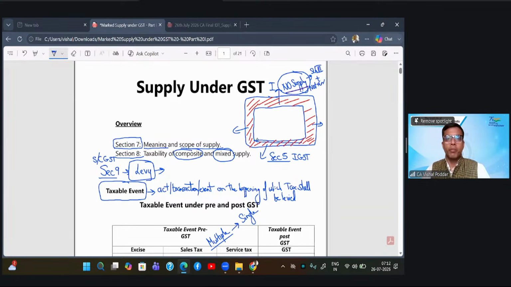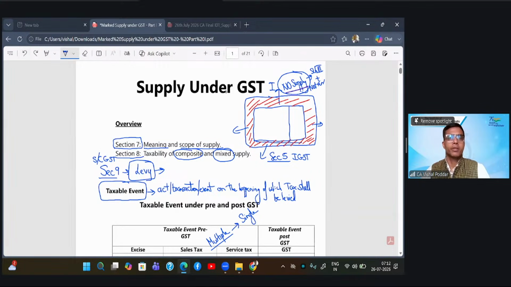Now, out of the remaining commercial transactions, which is your inner box, we will proceed further today to find out what will be supply as per our second step. In the second step, what we are going to cover is the definition and the scope.